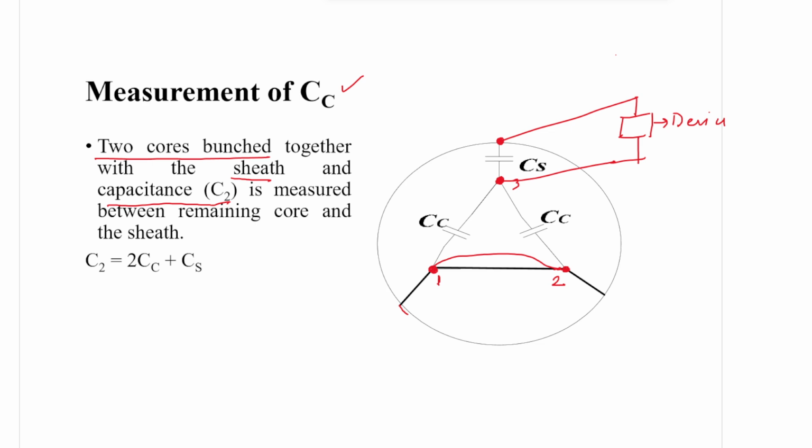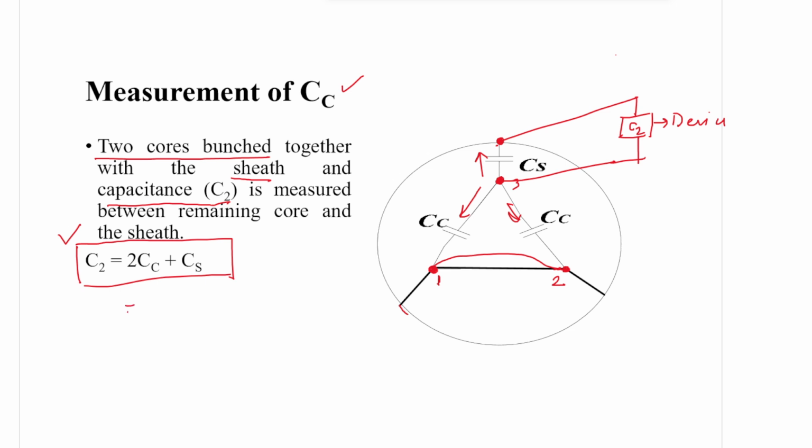Now with respect to these 2 points, you see again 3 parallel paths, 1, 2, 3. 3 parallel paths from conductor to sheath. So one is CC, another one is CC, another one is CS. So altogether, if it is measured as C2, then C2 is roughly 2CC plus CS.